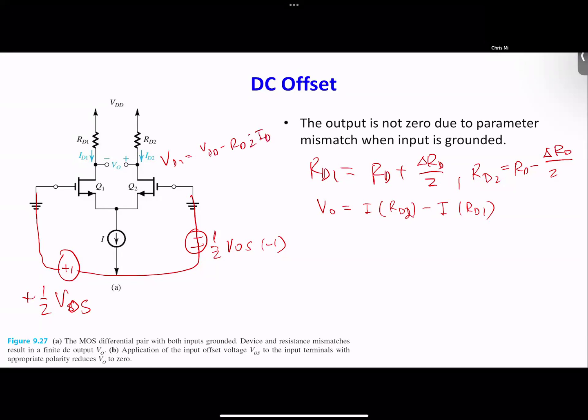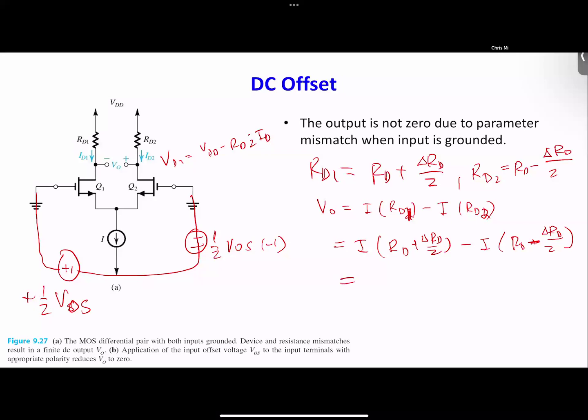So we're going to say, okay, this is going to be RD1, this is going to be RD2. Then we can apply this current to RD1, RD2, where RD1 is RD plus ΔRD over 2, and RD2 is RD minus ΔRD over 2.